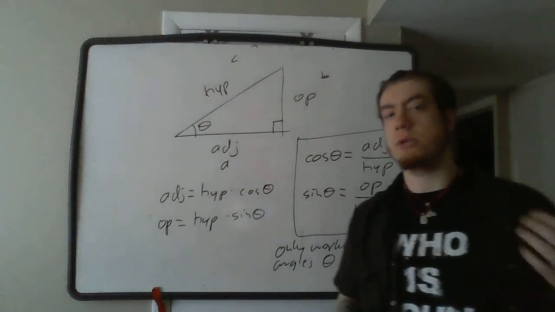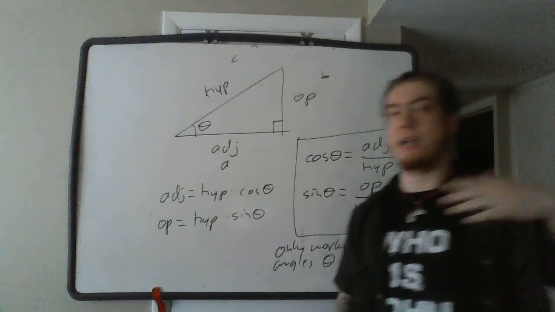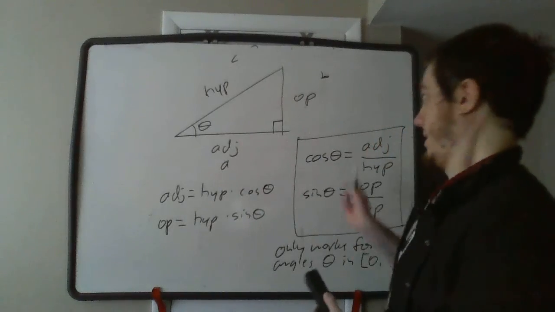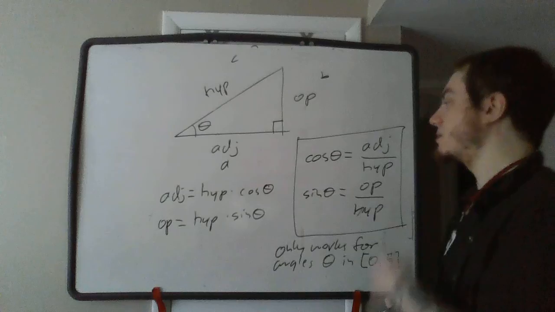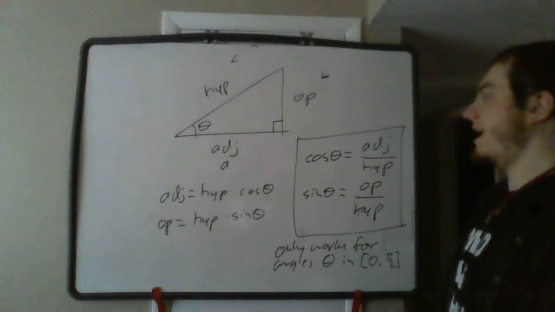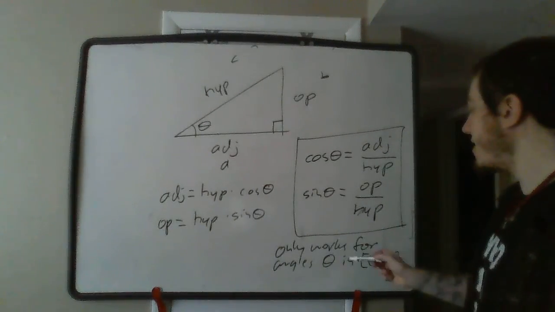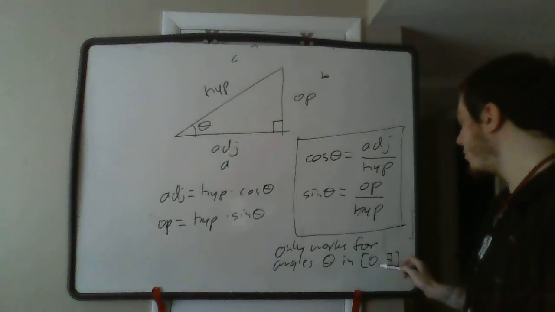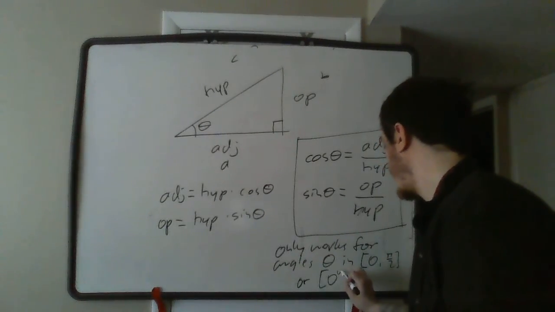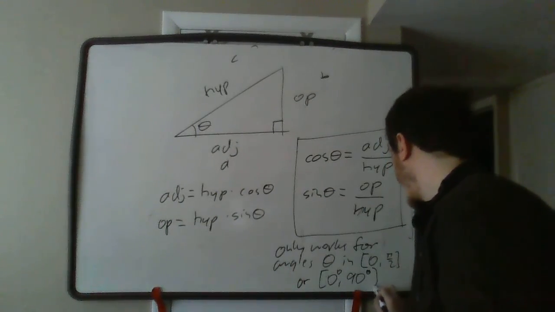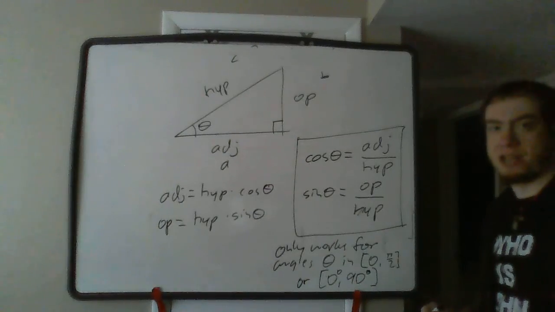And then we can go to the unit circle and say, okay, well, it makes sense to extend it using the unit circle, but I think it just makes things more complicated. Anyway, for the angles theta that are between 0 and a right angle, we can also think of this as 0 degrees to 90 degrees, if we want to think about it in degrees instead of radians.